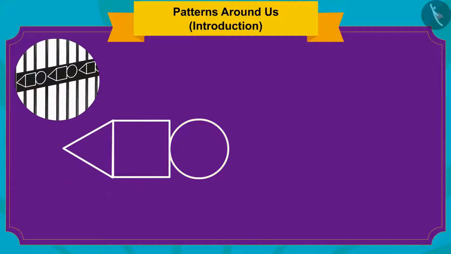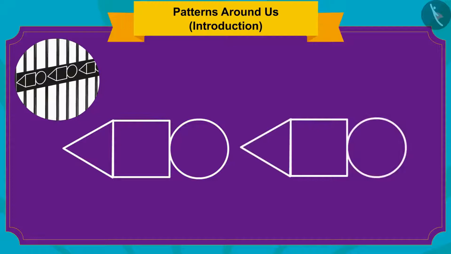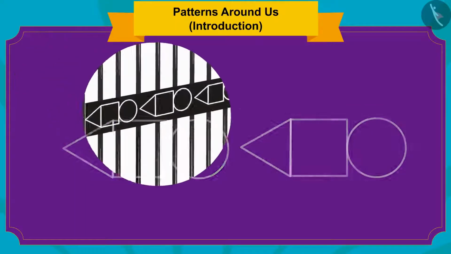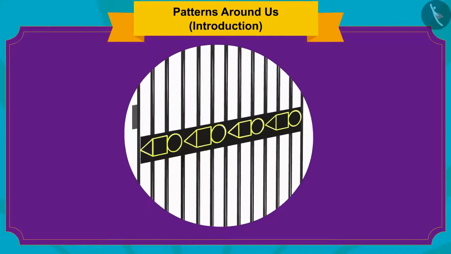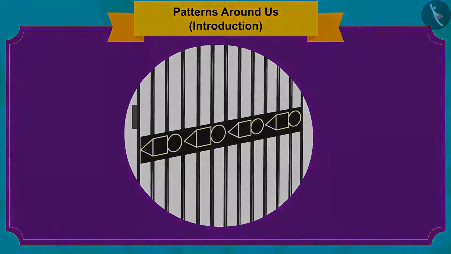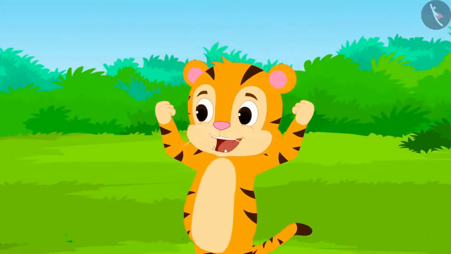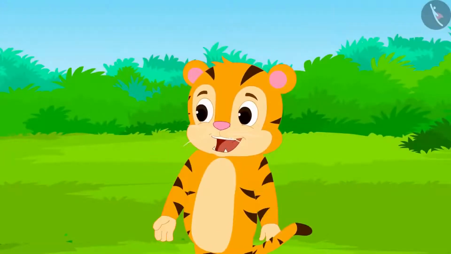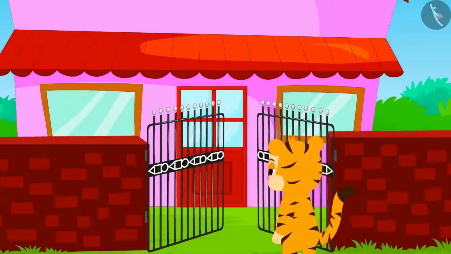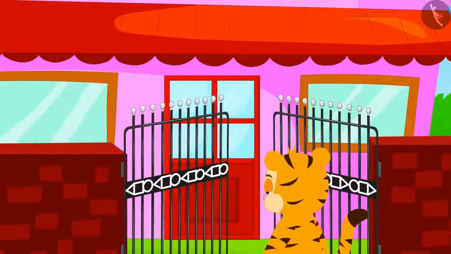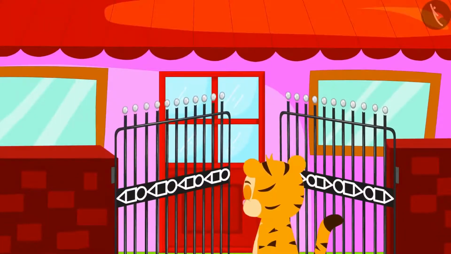After the circle, the three shapes are repeated once again in the same order. In this way, a pattern has been made using shapes in this gate. Sher Khan was happy to recognize the pattern on the gate. Now, he went inside the shop to buy a cake for his mother.